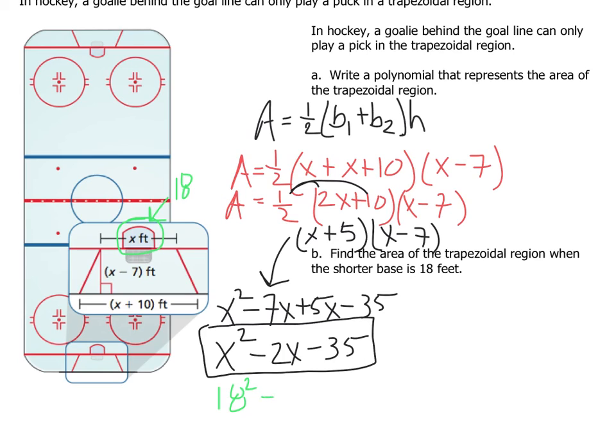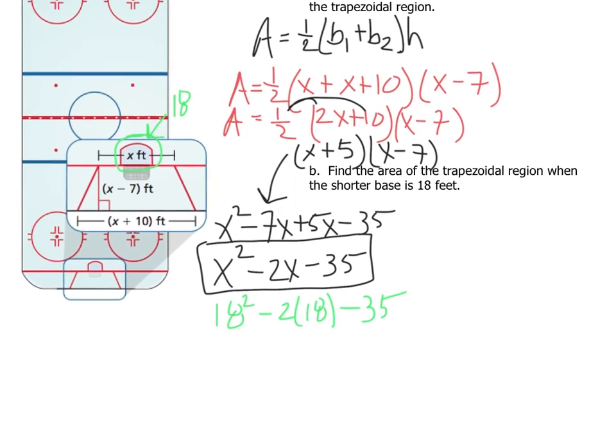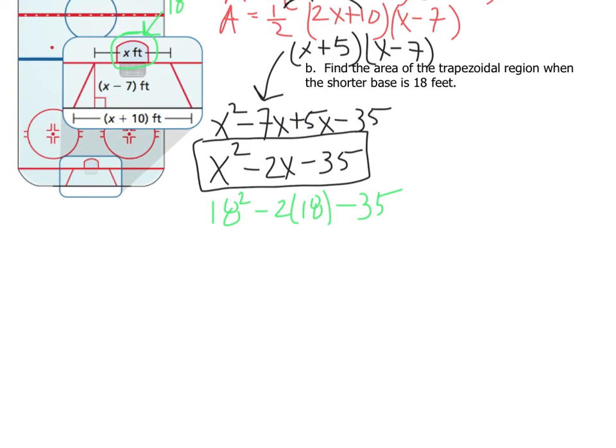So if I plug this in, 18 squared is going to give me 324. 2 times 18 is 36, minus 35.